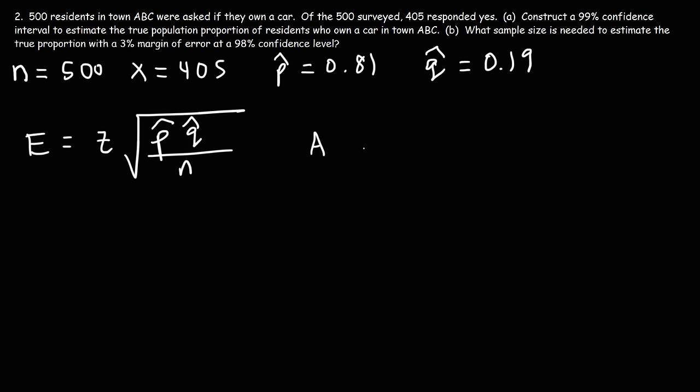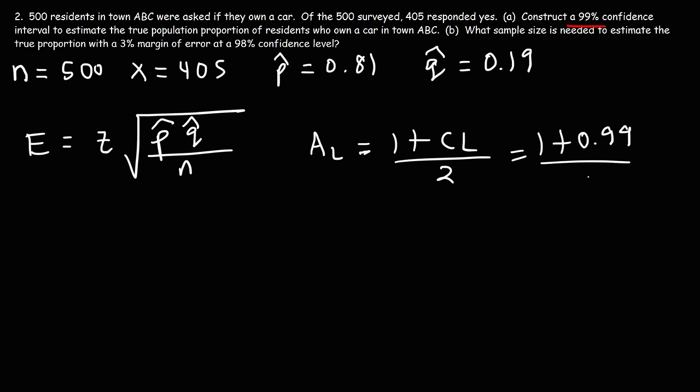So let's calculate the area under the curve to the left. That's going to be 1 plus the confidence level, divided by 2. The confidence level is 99%, so as a decimal, that's 0.99. So we have 1.99 divided by 2, which gives us an area of 0.995.